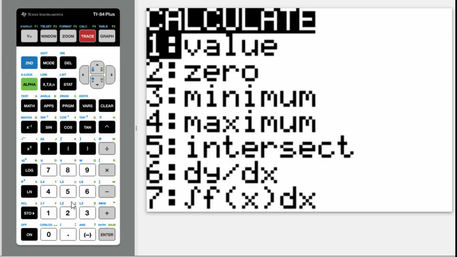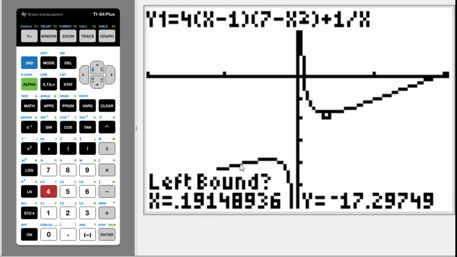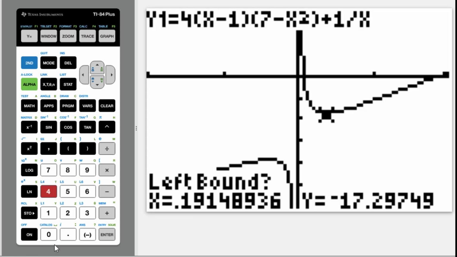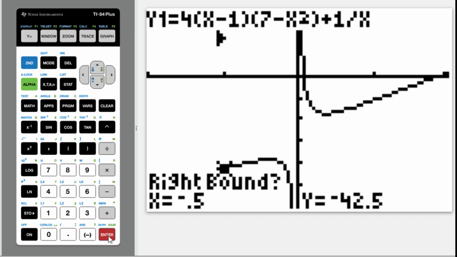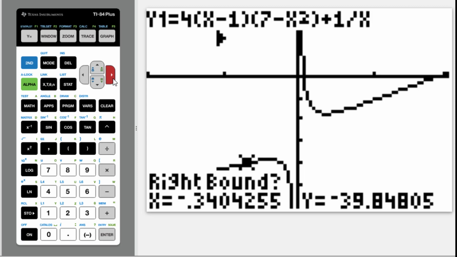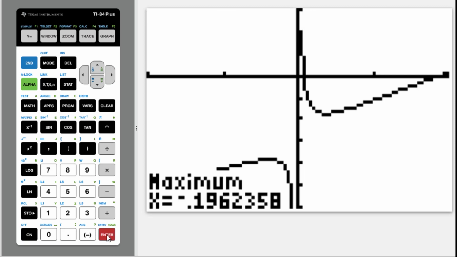Second trace, 4. Left bound, let's use this -0.5. Enter. Then move. Enter. Enter.